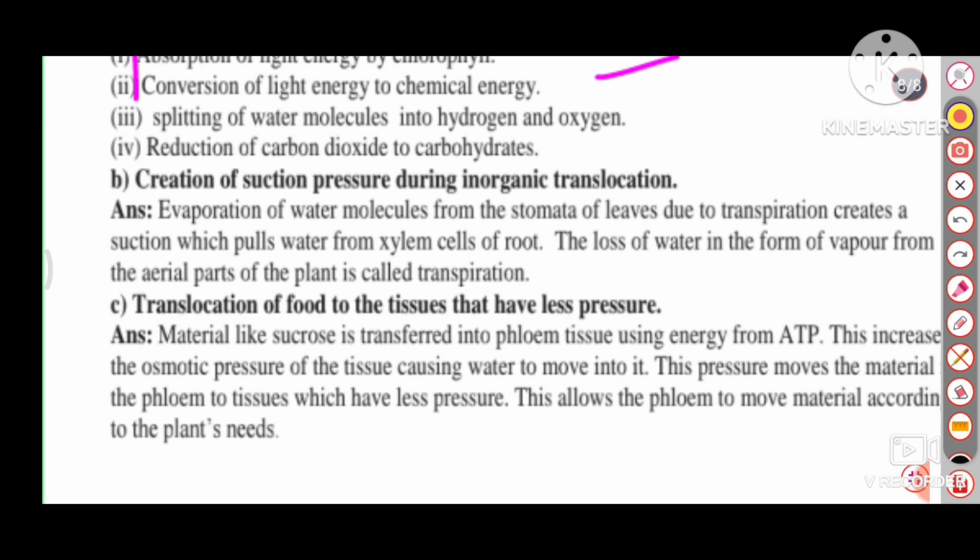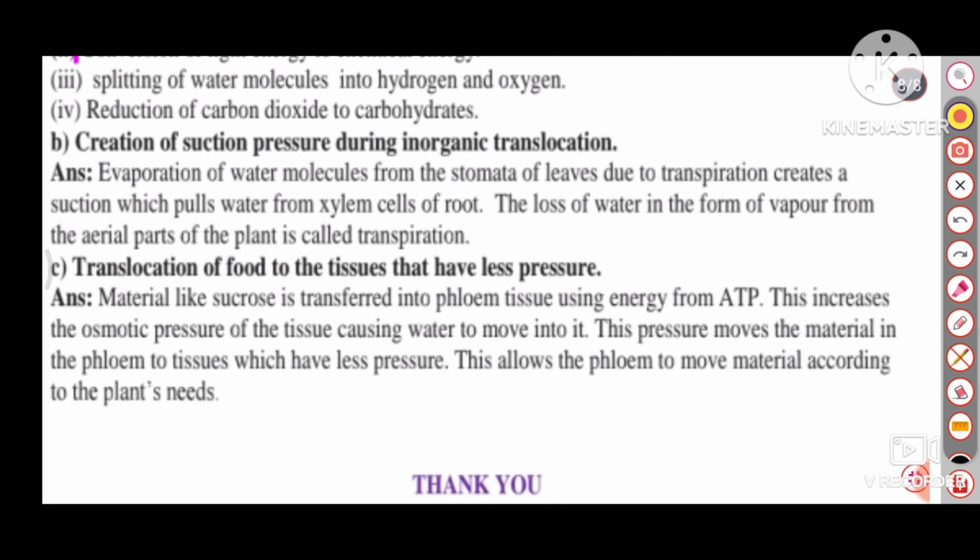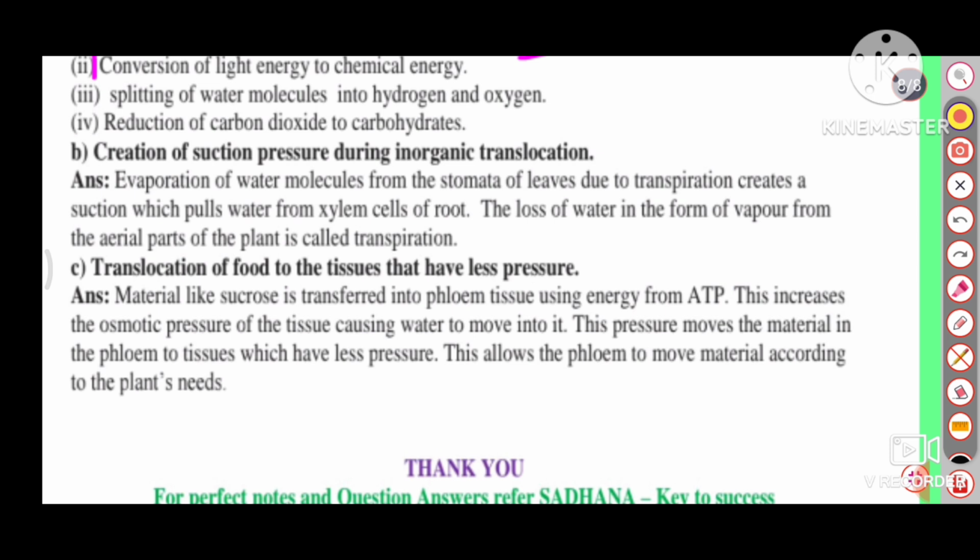Next question is, translocation of food to the tissue that has less pressure. Materials like sucrose are transferred into phloem tissue using energy from ATP.